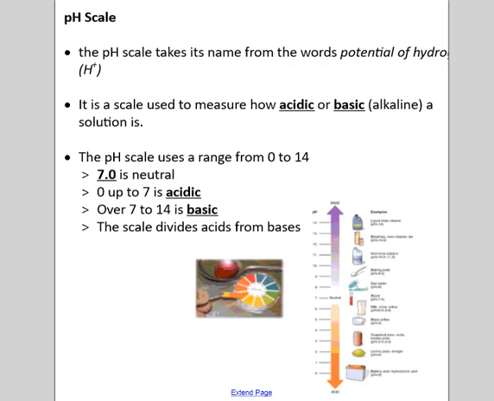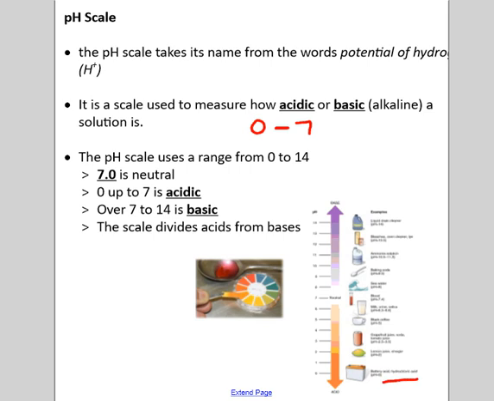When I was describing the characteristics of acids and bases, I mentioned pH and I mentioned litmus. pH is a scale based on the words potential of hydrogen, and it's a simple way to tell if substances are acids or bases. Acids have pHs from 0 up to 7. So anytime you measure a pH and you get a range from 0 to 7, it's acidic.